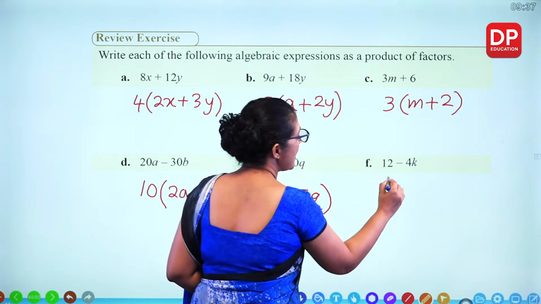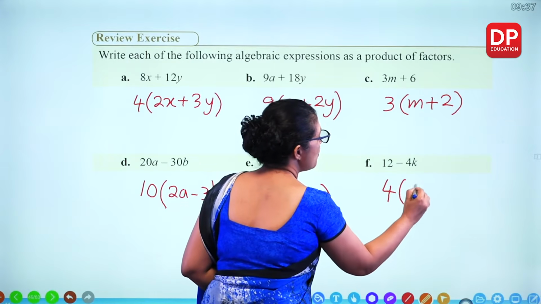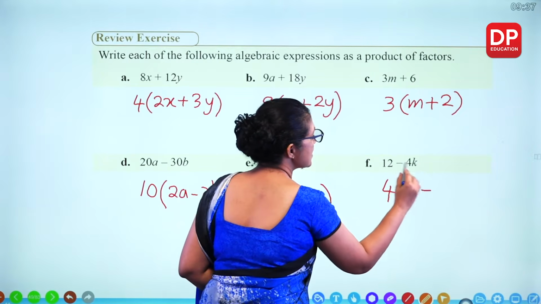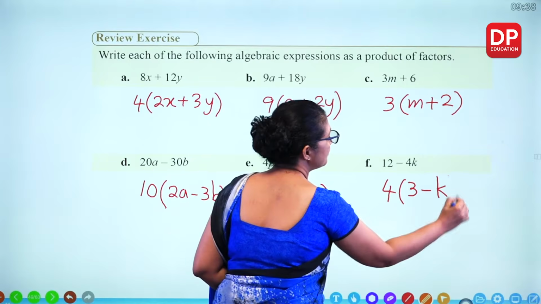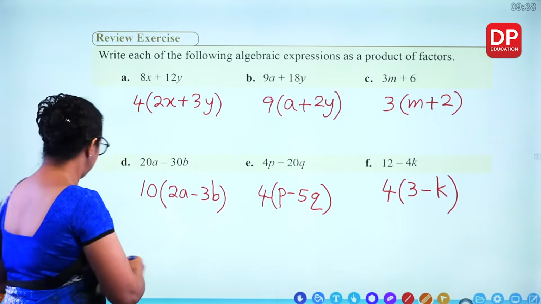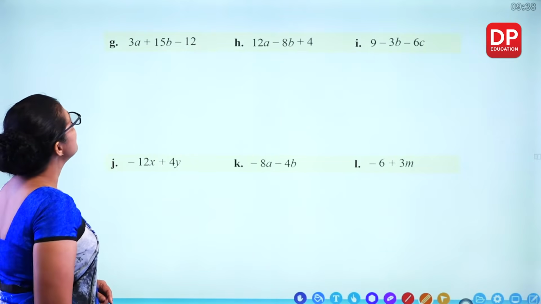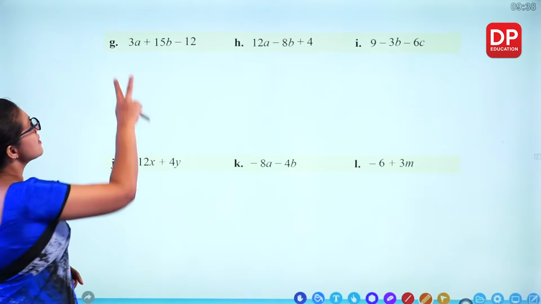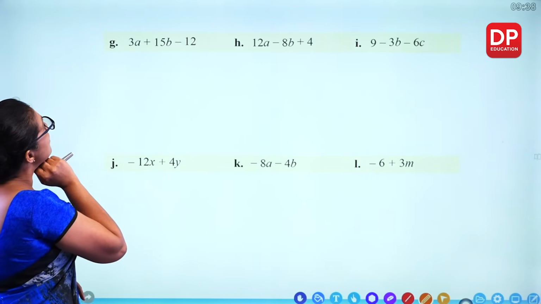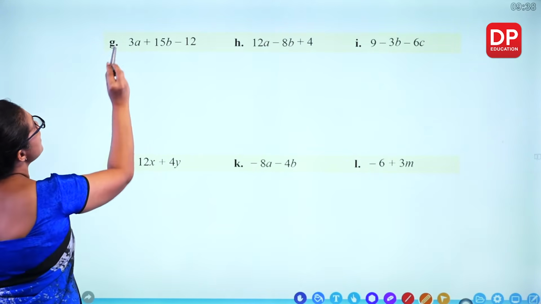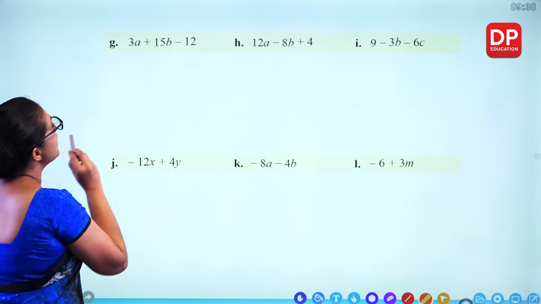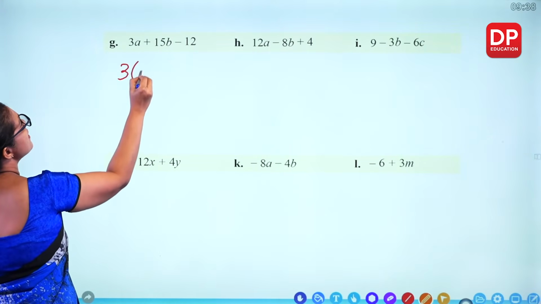12 and 4, I can take 4 out. 3 minus k. This one, now 3 expressions. 3 terms are there, so see, common for all 3. 3 is common, take it out.